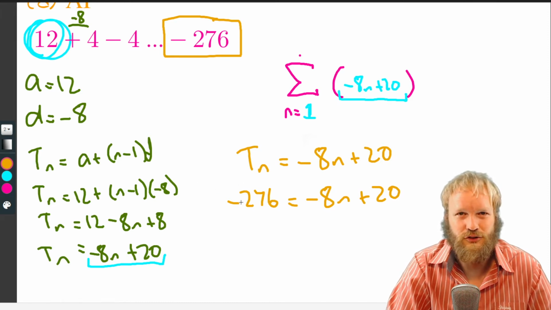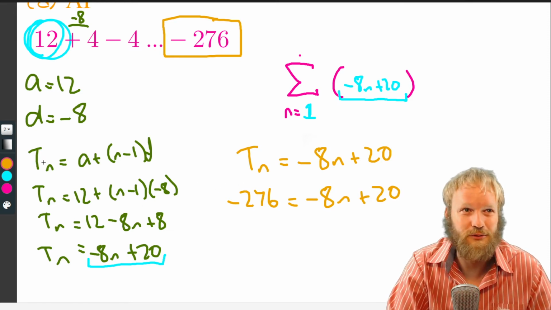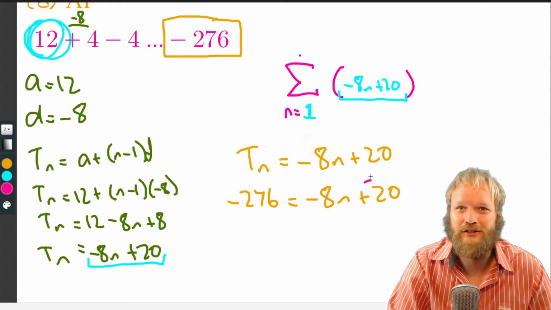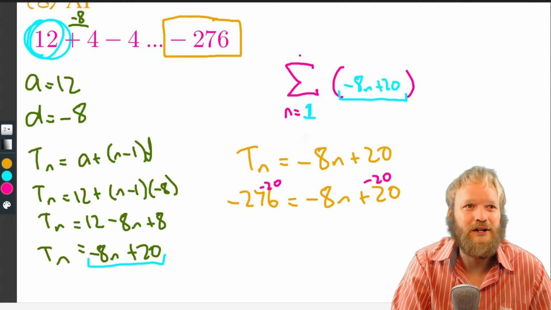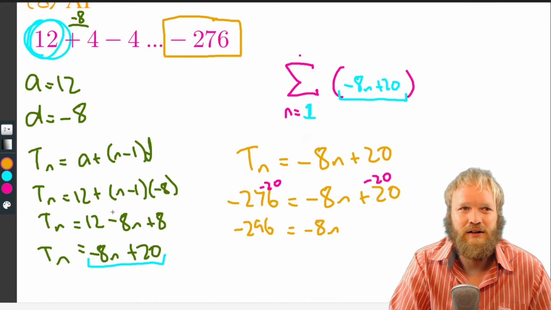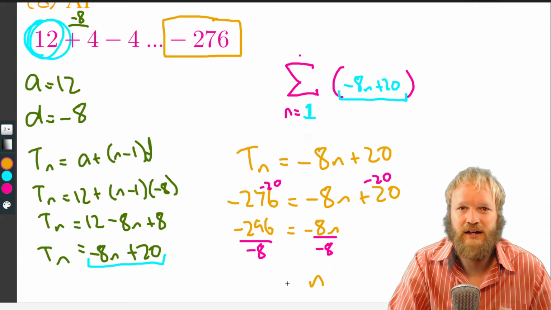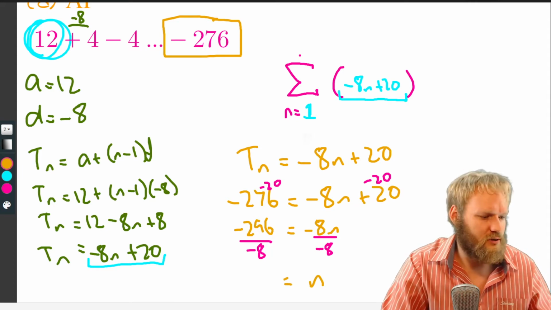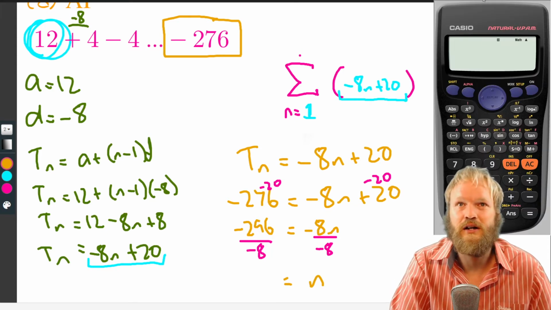Cool, so you solved it. I don't know, maybe you put something in there or not. I want to solve it here instead of just running away to the calculator this time: -296 equals -8n, divide by -8 on each side, right? Then we've got n equals... you know what, might as well just pop this in the calculator.